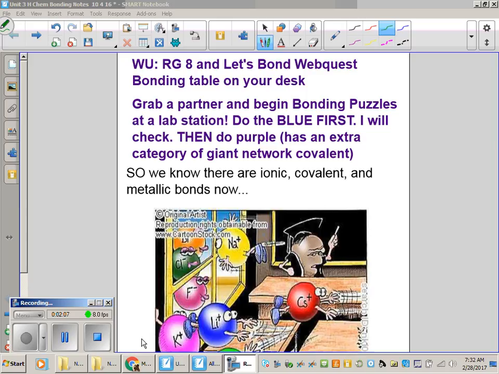High melting point, always solid, high melting point. High melting points also.